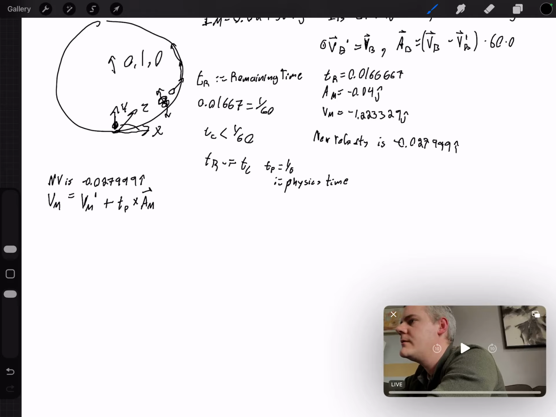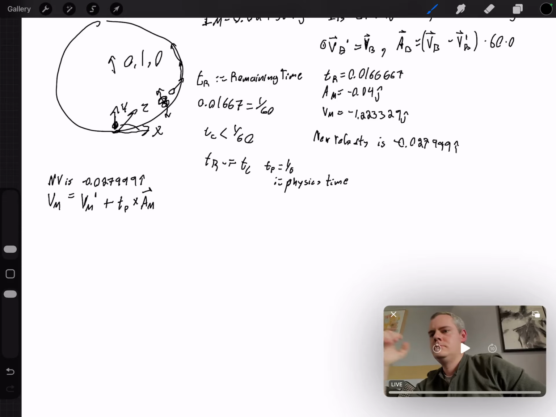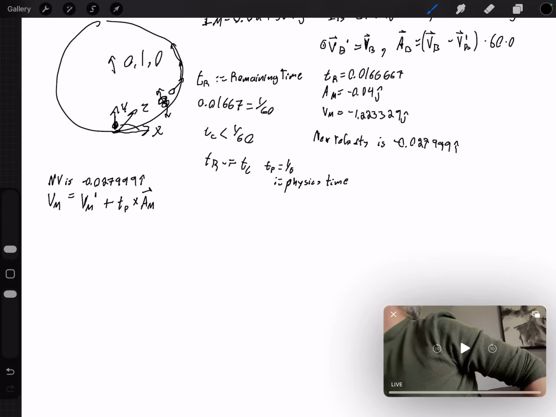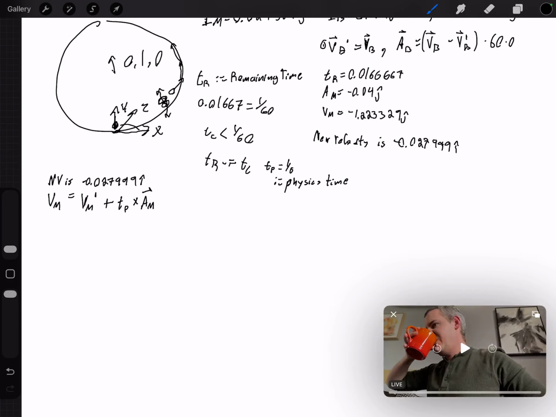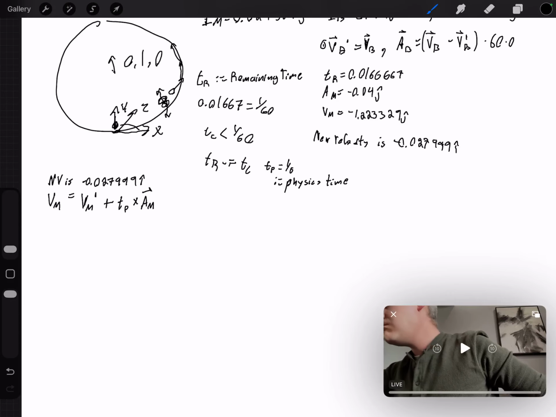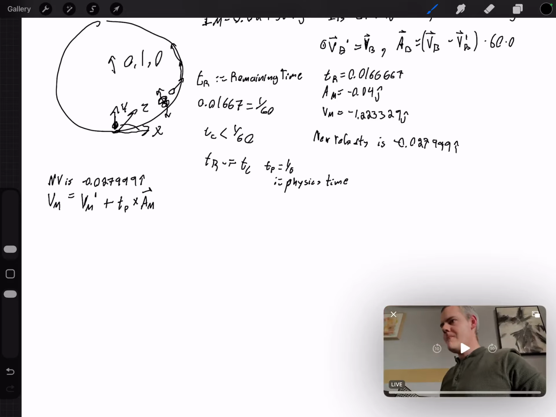One, 2, 3, 4, 5, 6, 7. Okay, the ball is halfway down.